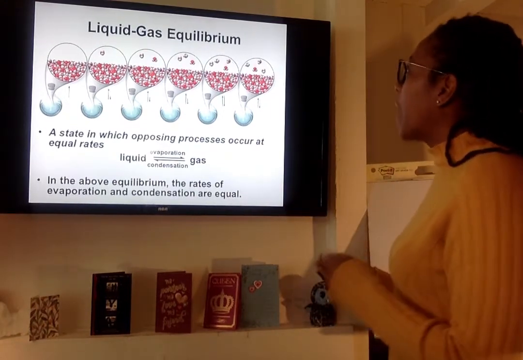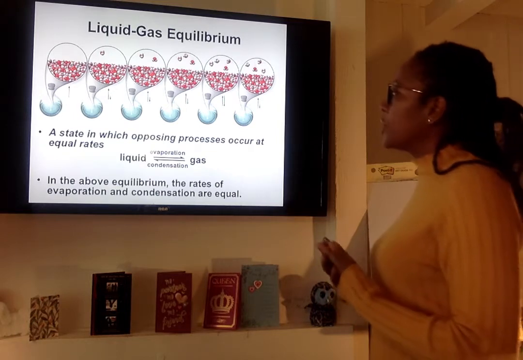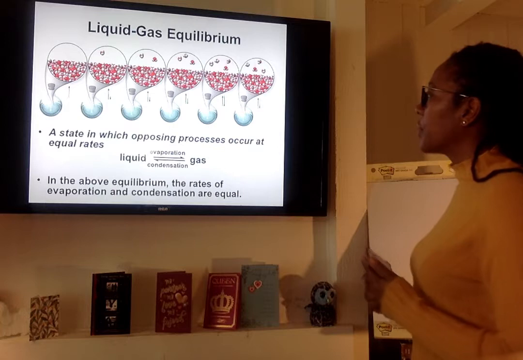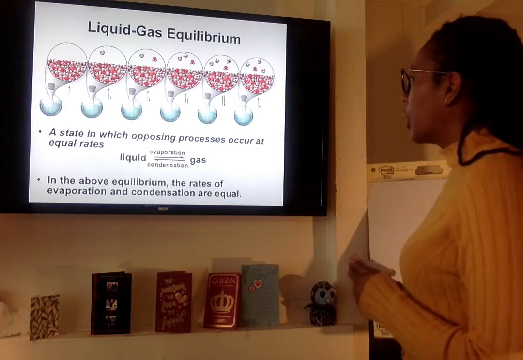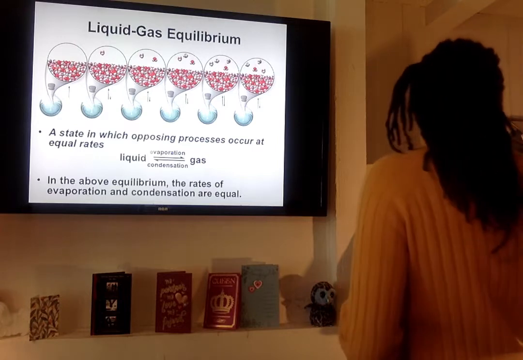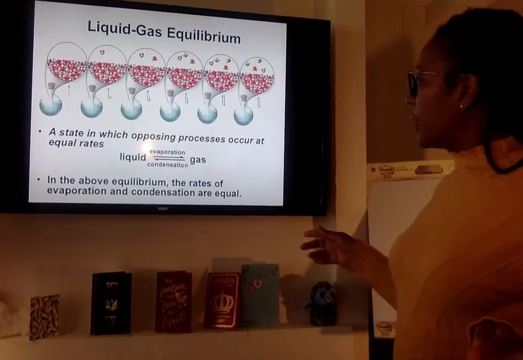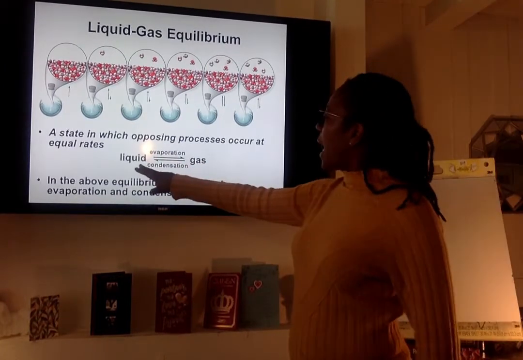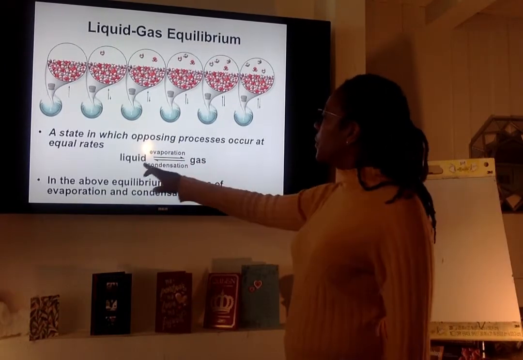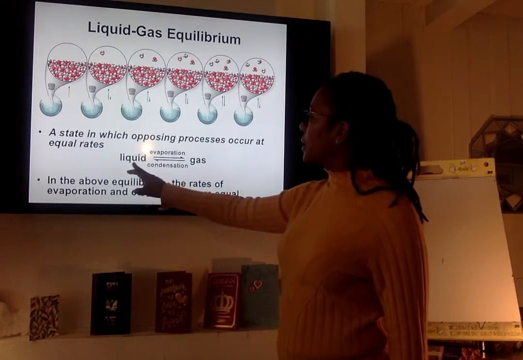So we have liquid to gas equilibrium, right? A state in which opposing processes occur at equal rates. Liquid to gas is evaporation, and gas to liquid is condensation.